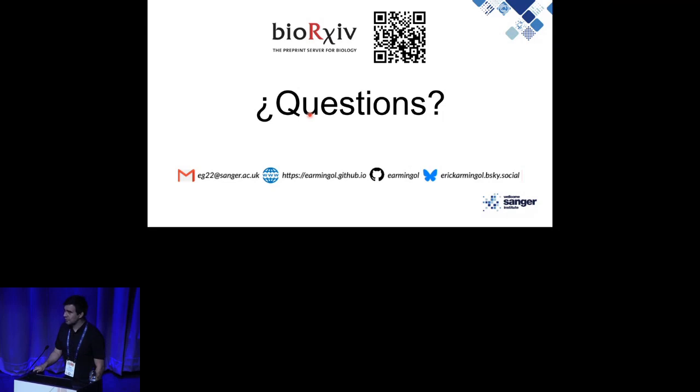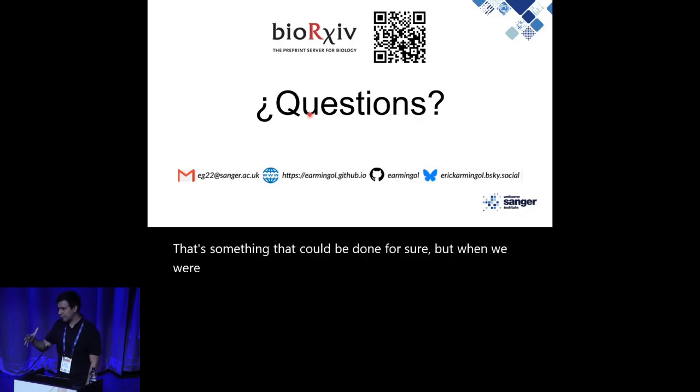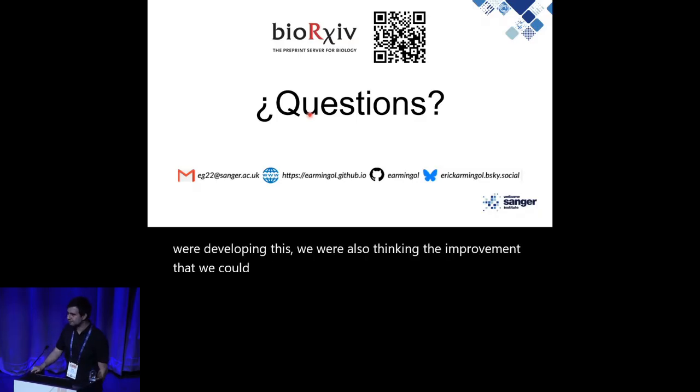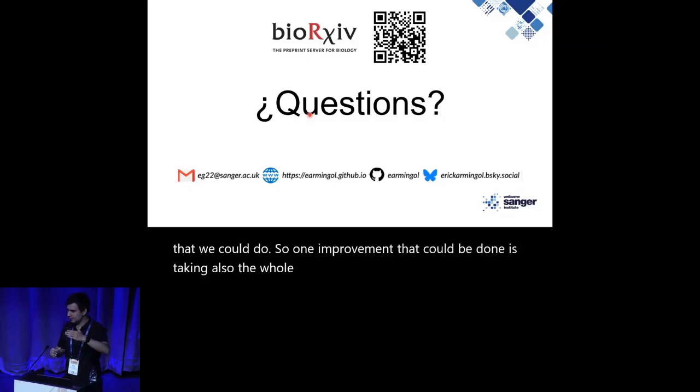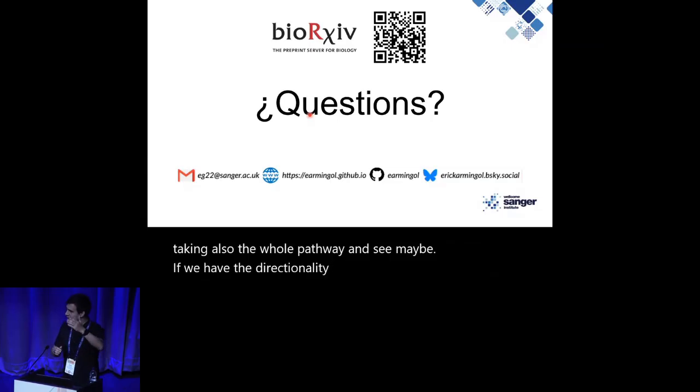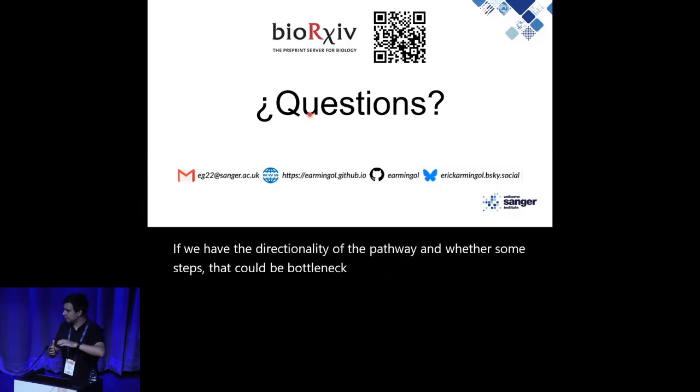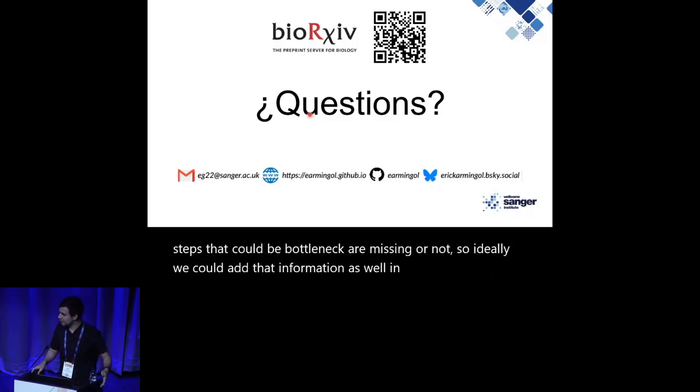That's something that could be done for sure, but when we were developing this, we were also thinking about improvements that we could make. One improvement that could be done is taking also the whole pathway and seeing if we have the directionality of the pathway and whether some steps that could be bottlenecks are missing or not. So ideally, we could add that information as well in the way we compute our score.